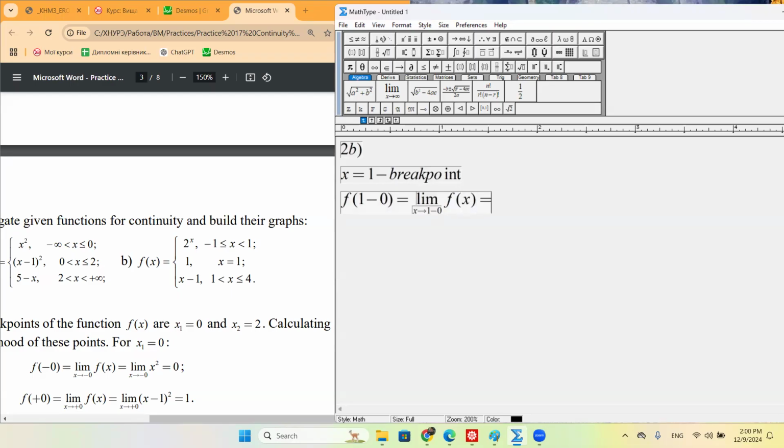So which expression are we using? Stanislav? 2 in power of x. Yes, 2 in power of x, and it equals 2. And for 1, so for x, so for 1 plus 0, which expression?